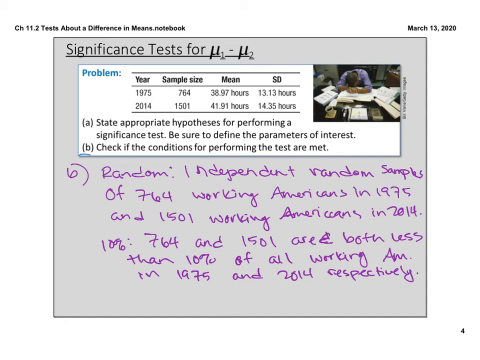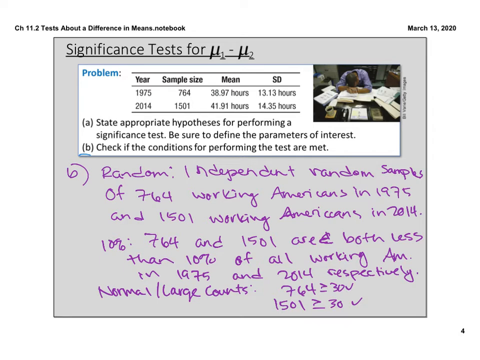Okay, and then the last one, normal large counts. This one's easy because we have big samples. So this one's good. 764 is greater than or equal to 30, check. And 1,501 is greater than or equal to 30, check. All right, so our conditions check out.